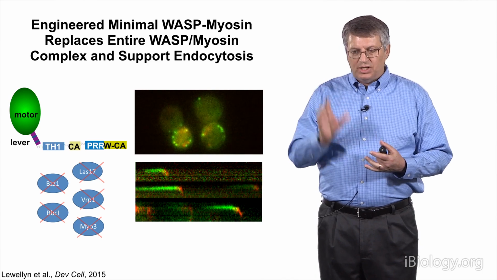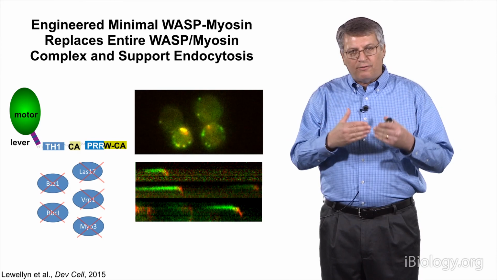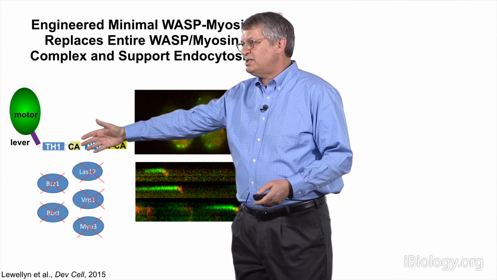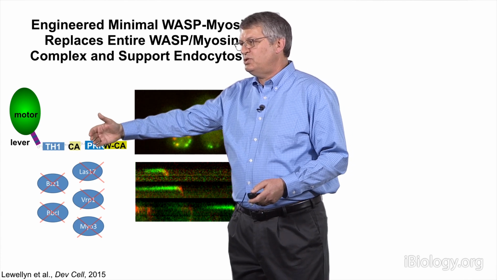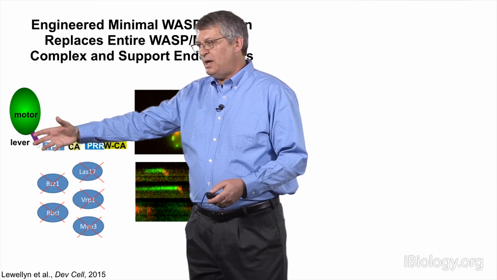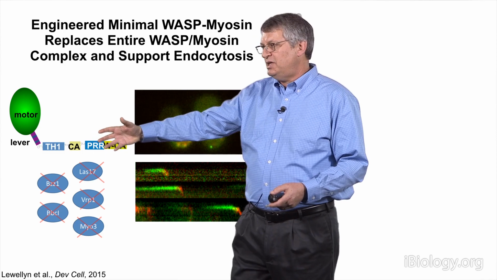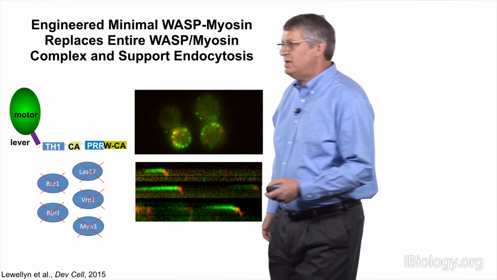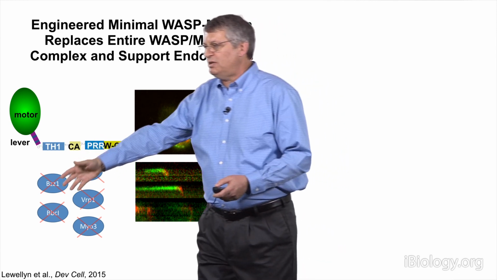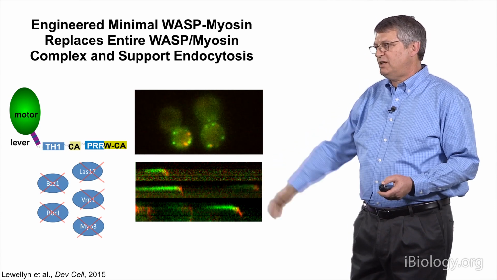And so they made deletion mutations of whole genes, they deleted domains of proteins, they made an artificial fusion protein, which is shown here. What they found is that all you needed to drive this actin-mediated endocytic event were a couple domains from a type 1 myosin and a couple domains from the yeast Wasp protein. And that was sufficient. This artificial synthetic protein could replace all of the other proteins in the module and make productive endocytic vesicles.